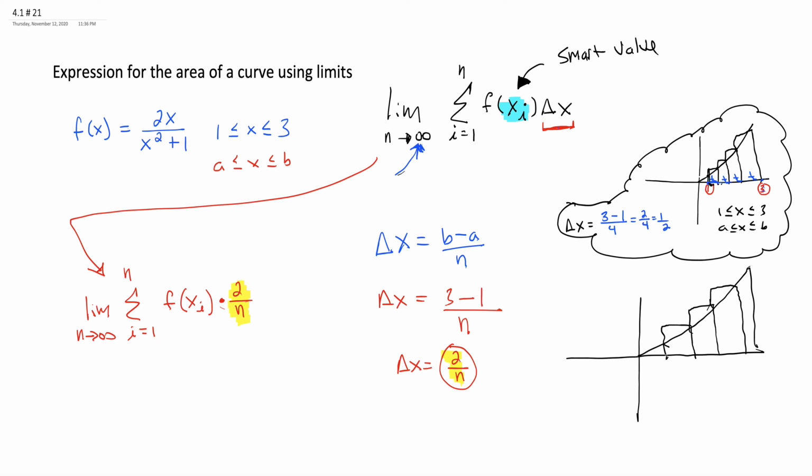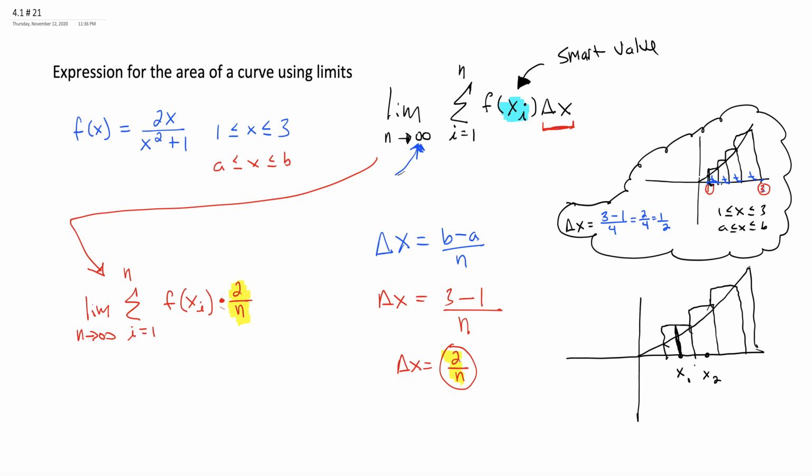Let's say i is 1. So x1 would be this location that corresponds to that height. And x2 would be this location that corresponds to that height.